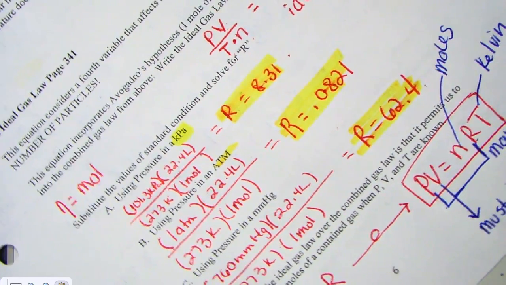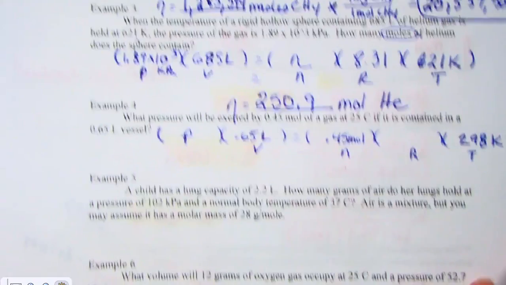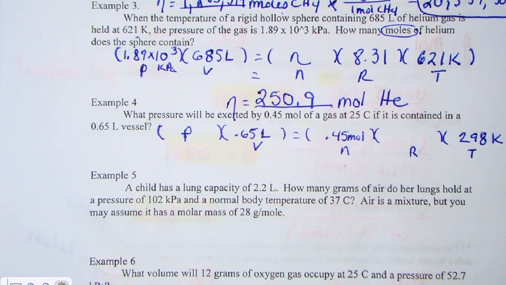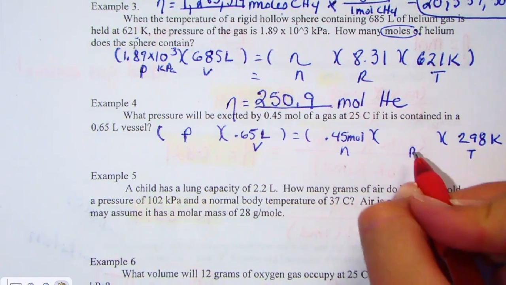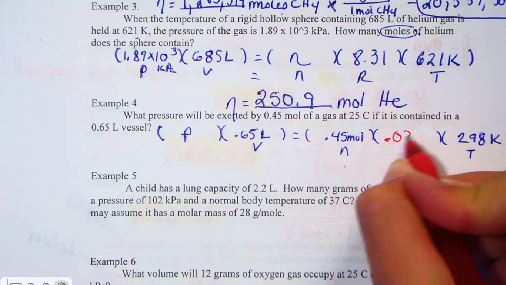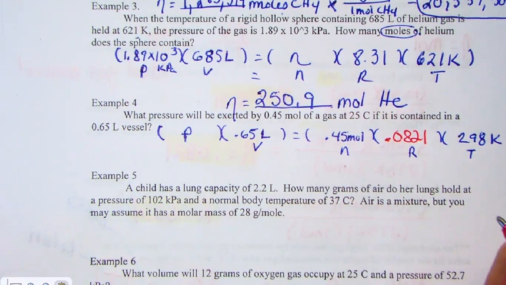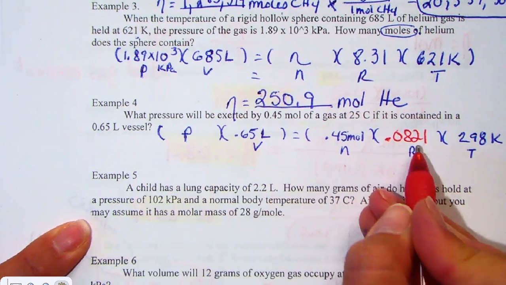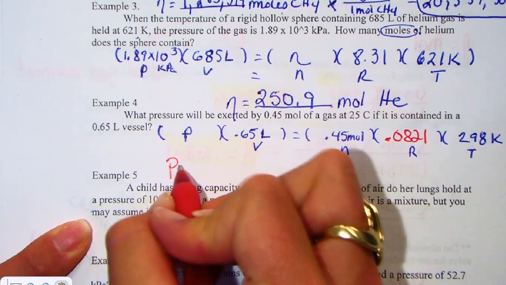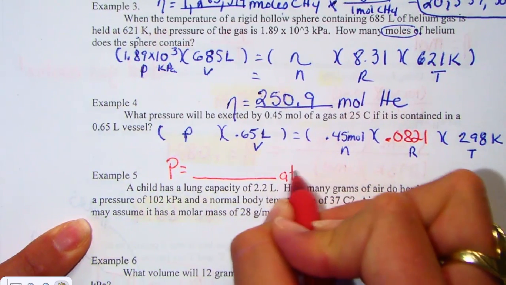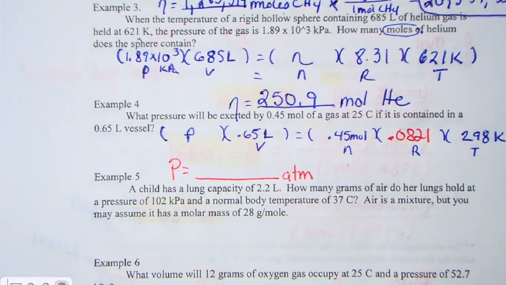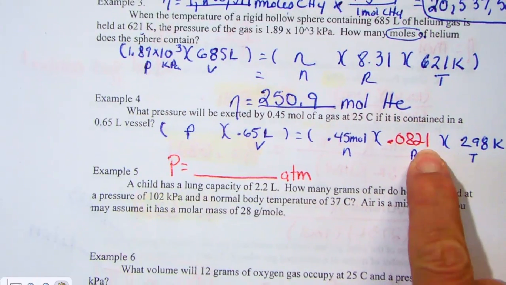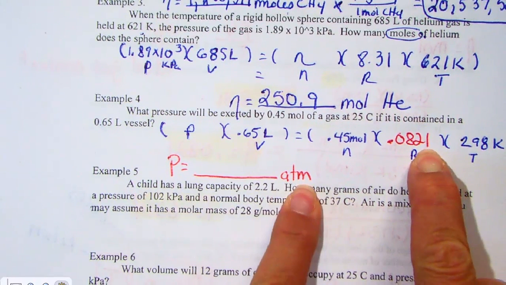So this one has like 3 possible correct answers. Let's mix it up a little bit just so we don't end up with the same answer. I'm going to say 0.0821. I'm just picking a different R constant just so we can see it come out differently. And as soon as I wrote 0.0821, I now know to report my pressure in atmospheres. If I had placed 8.31, I'd write kPa.